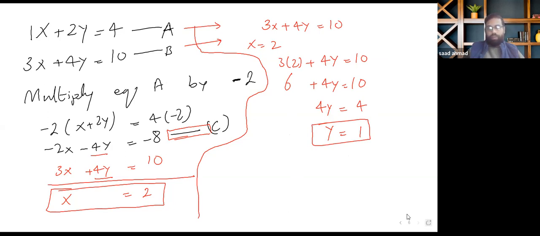Now let's try one more word problem in 2 variables.